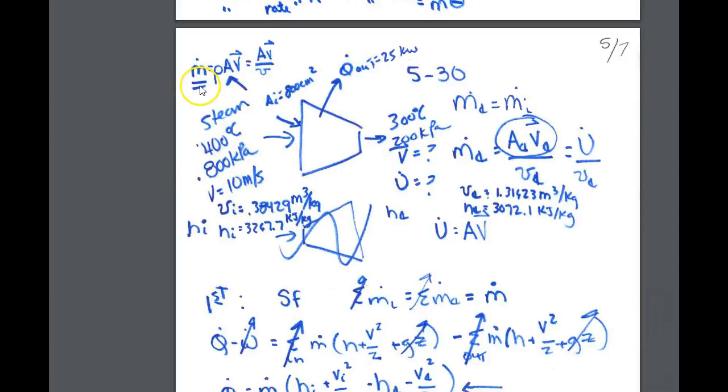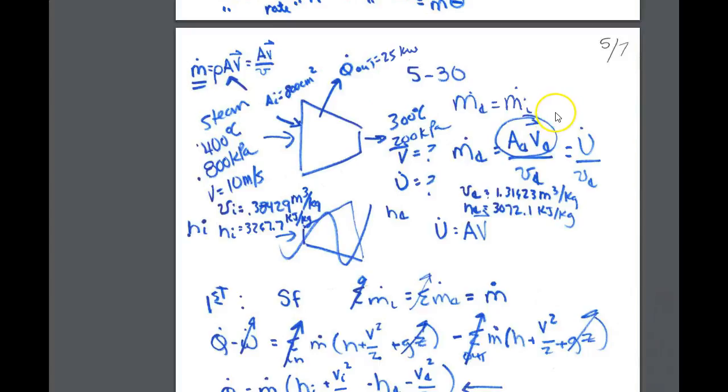But we have enough data to compute the mass flow rate on the entrance, because we know that mass flow rate is rho AV, and that rho is 1 over specific volume, which we have in our tables. So we can say that mass flow rate is equal to A, the cross-sectional area, times the velocity of the fluid, divided by the specific volume of the fluid.